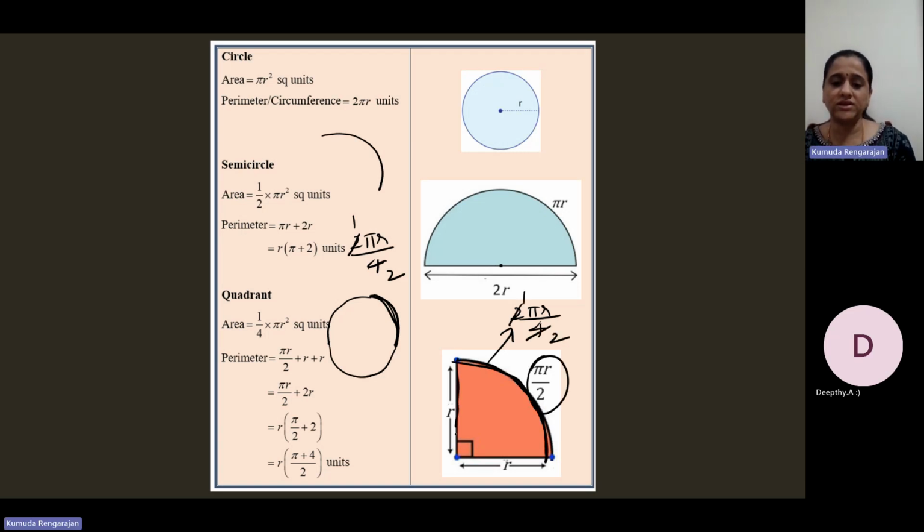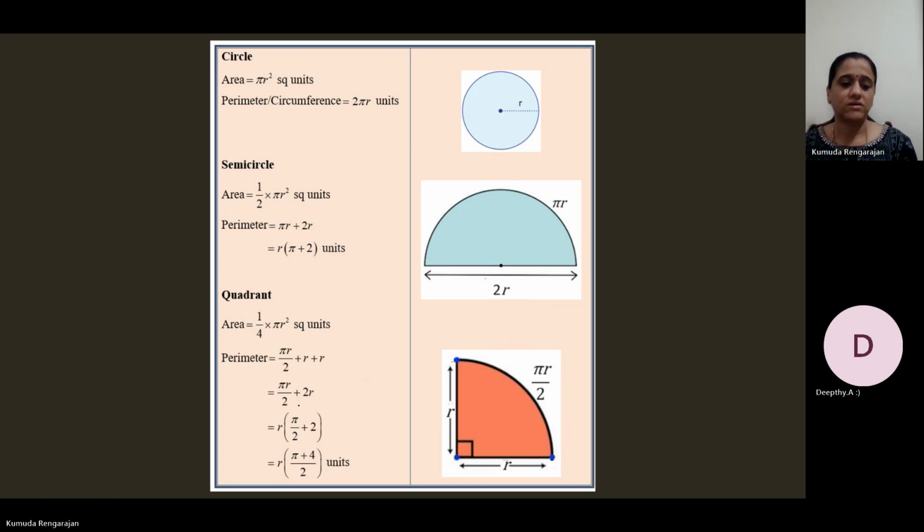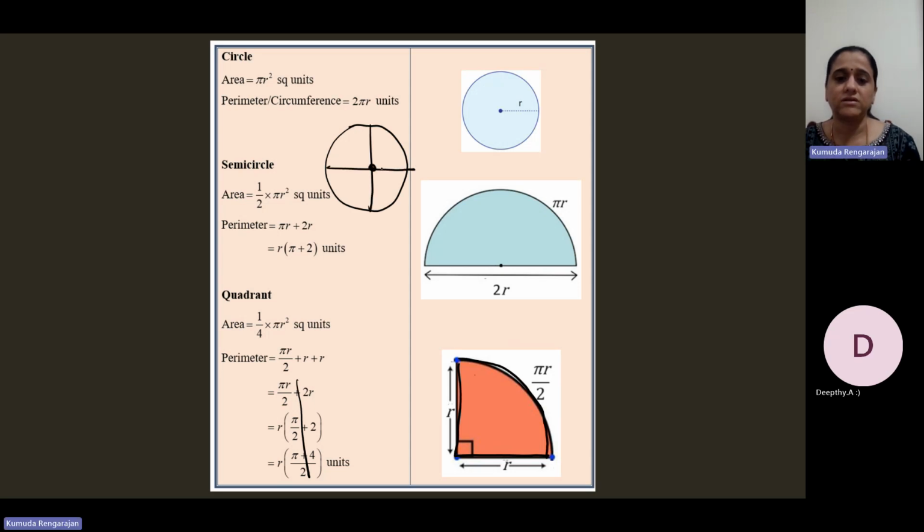And what about this one? This is the radius. What about this radius? So you don't have to remember all this. The perimeter of a quadrant is given by the formula pi r by 2 plus r plus r. Why is that r? See here, center to any point on the circumference is radius.